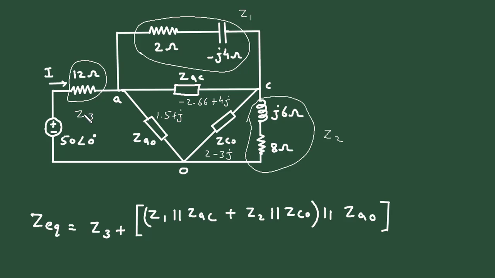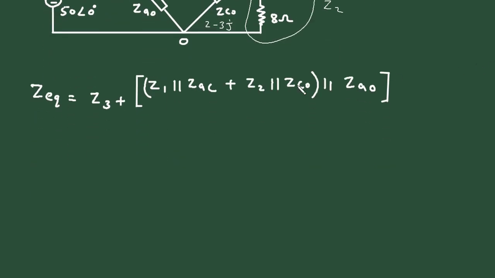Here we can see again Z3 is in series with Z1 parallel with ZAC. It is in series with Z2 parallel with ZCO. And both are connected in parallel with ZAO. So let's simplify this now.